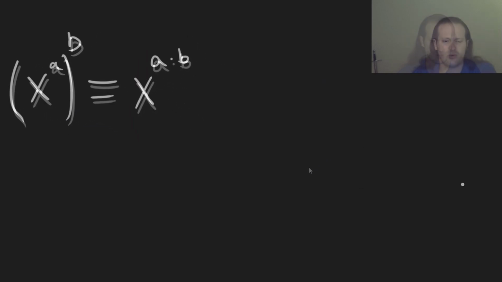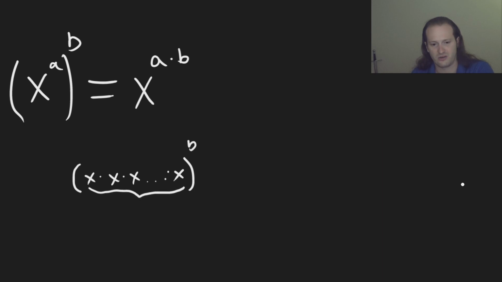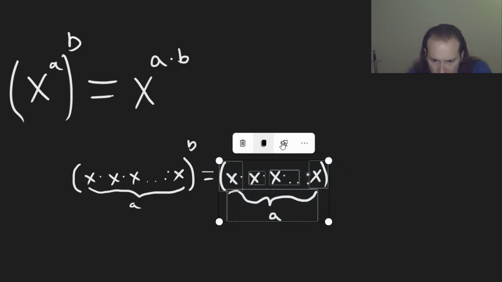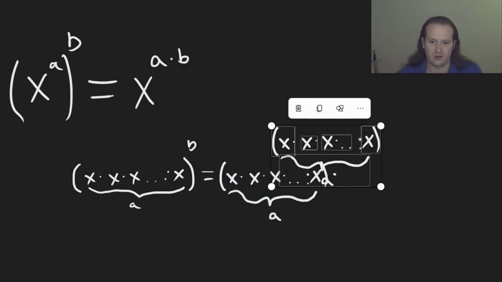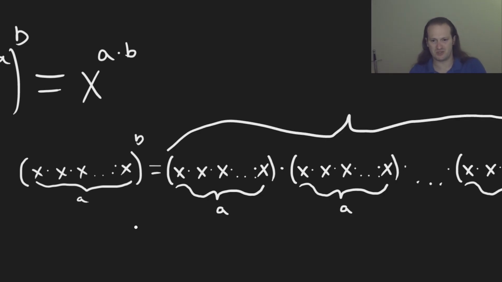Let's prove it. We know that x to the a is a bunch of x's raised to the b. And just for clarification, there's that many x's there. Well, this is the same thing as saying I have this blob multiplied by itself b of those blobs.